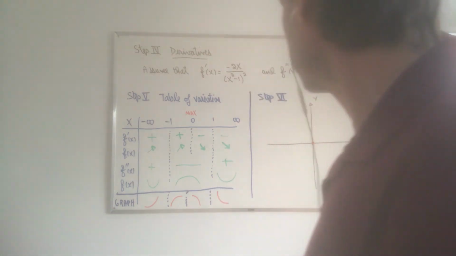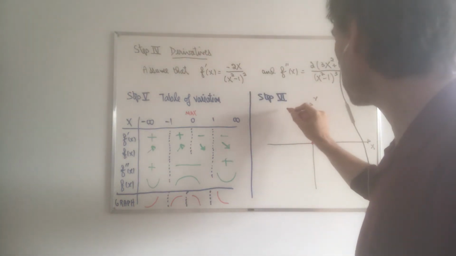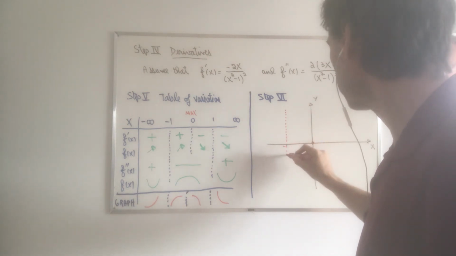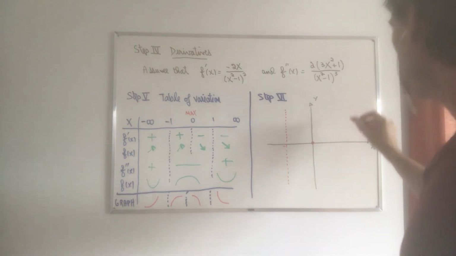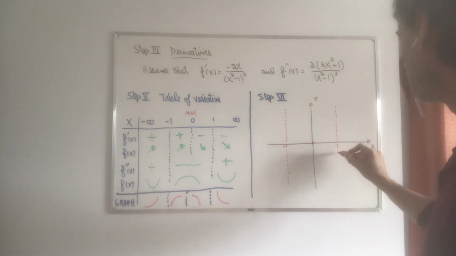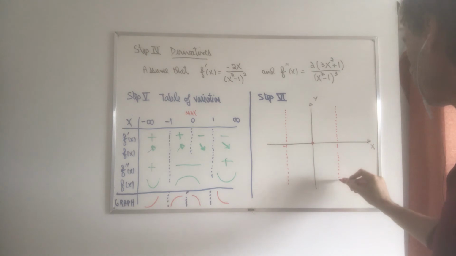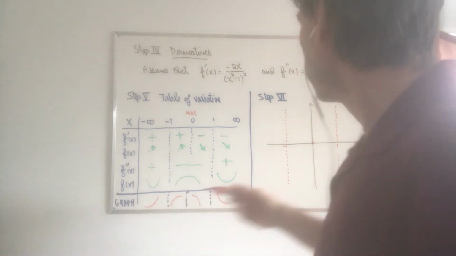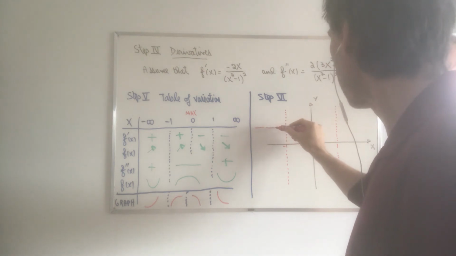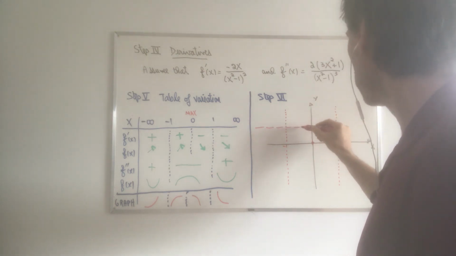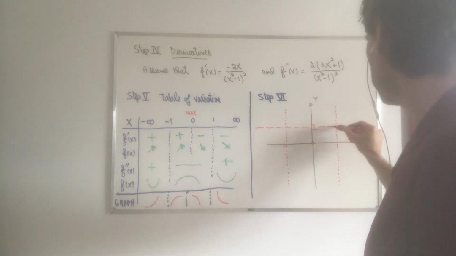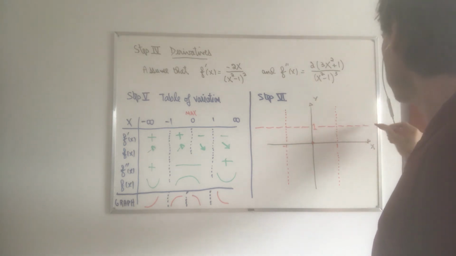We also know that x is equal to minus 1 is a vertical asymptote. We know that x is equal to 1 is yet again another vertical asymptote. And finally, that y is equal to 1, longer bars, just to differentiate the vertical from the horizontal.